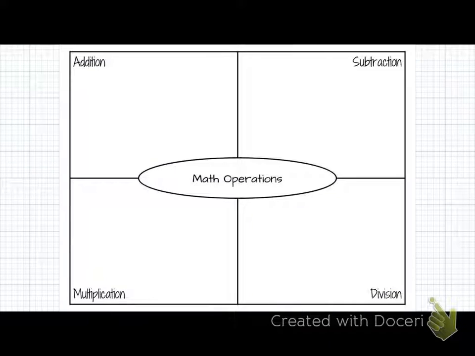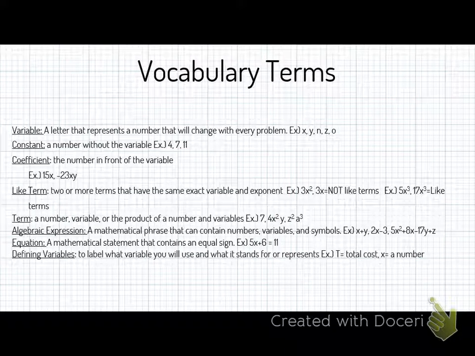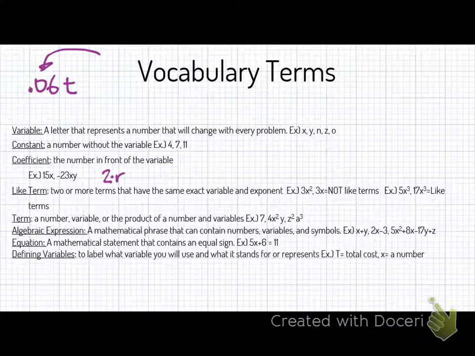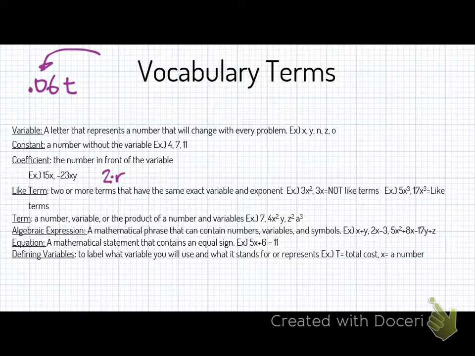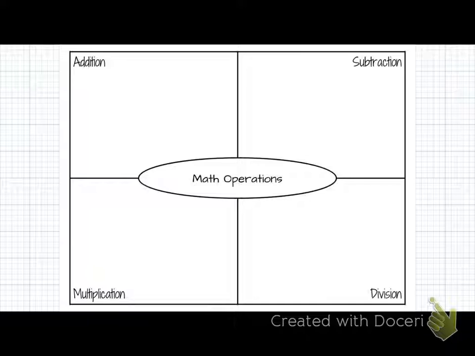So if you are on the video, I'd like you to write the steps down, which is right here. Pause the video and write the steps. And if you're in class scenario, here we go. So we've been making these, but today we're going to do a little different. I want you to create this on your paper, please, everyone. Even if you're on the video, making one of these models, make a circle in the middle.